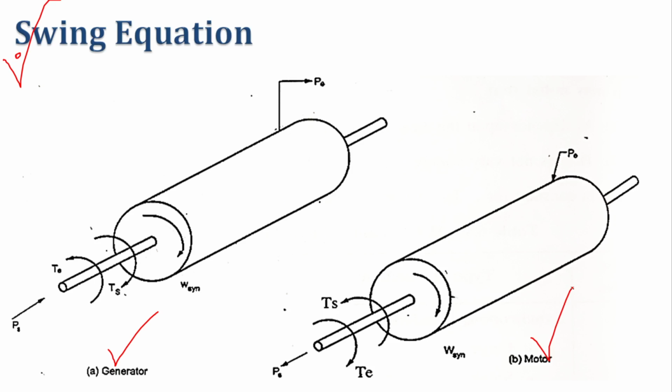The swing equation is one of the important topics for stability study, and this figure shows the torque, speed and flow of mechanical and electrical power for a synchronous machine.